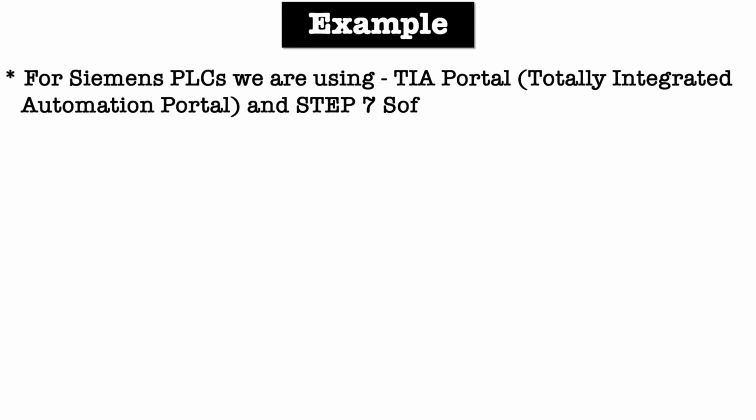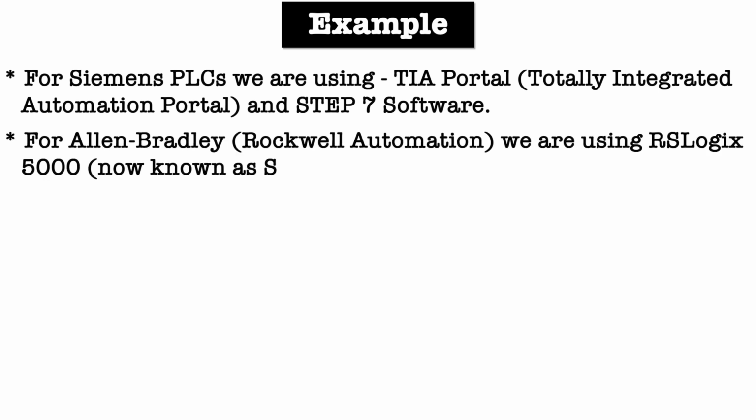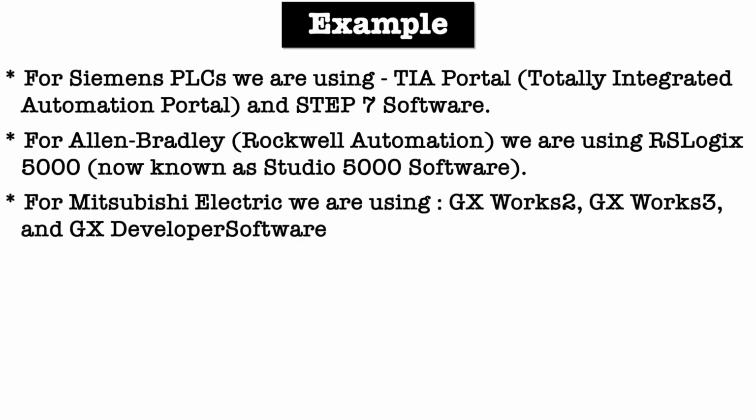For example, for Siemens PLC, we are using TIA Portal, Totally Integrated Automation Portal, and Step 7 software. Whereas for Allen Bradley Rockwell Automation, we are using RSLogix 5000, now known as Studio 5000 software. For Mitsubishi Electric, we are using GX Works 2, GX Works 3, GX Developer software.